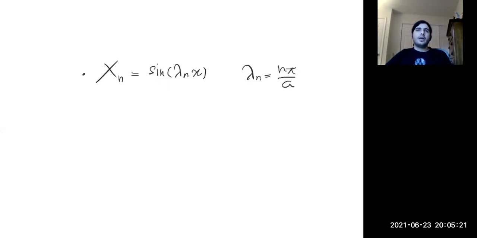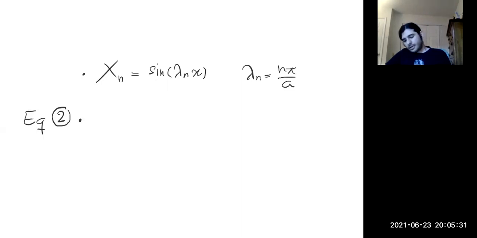We can see, just like the cases we've seen before, there are lambda n for every n, and there's a corresponding solution sine of lambda n x, where lambda n can be n pi over a. We have seen this thing before. Now, the interesting thing is the other equation for Y, equation number 2.